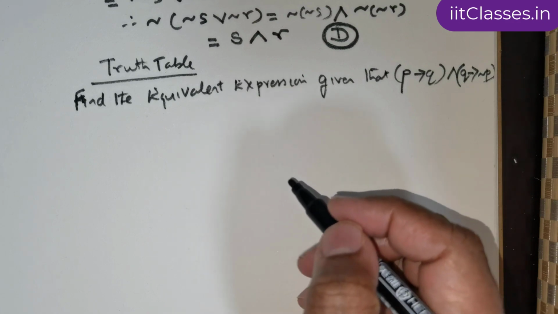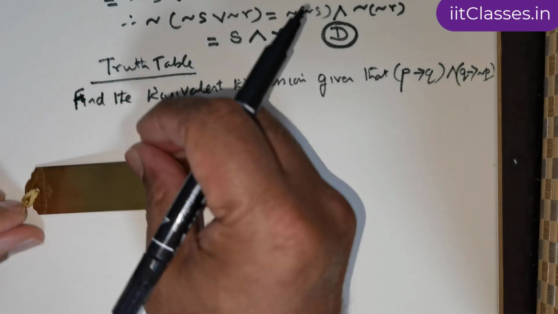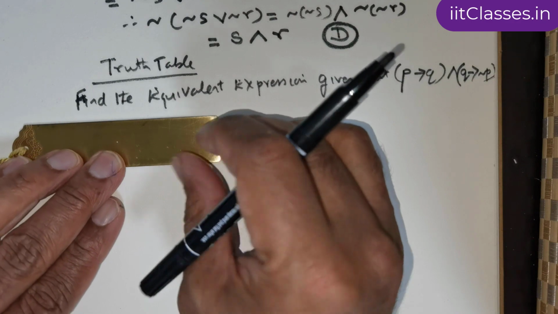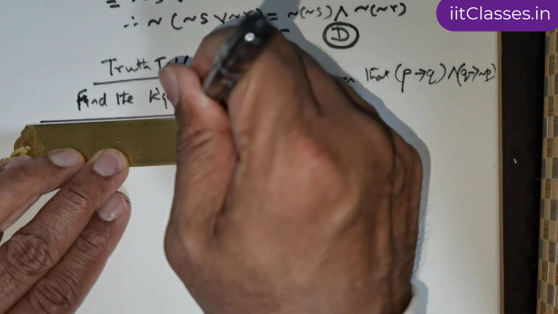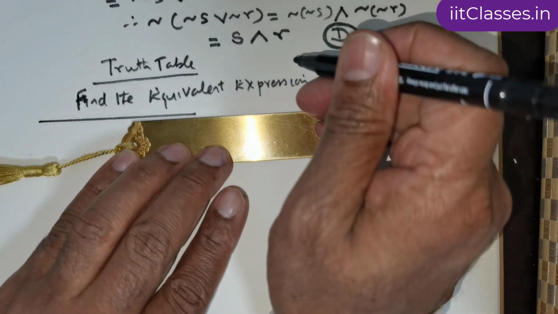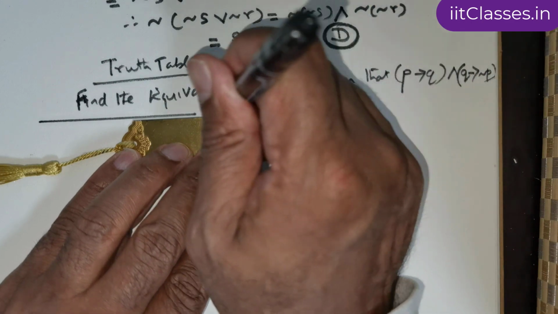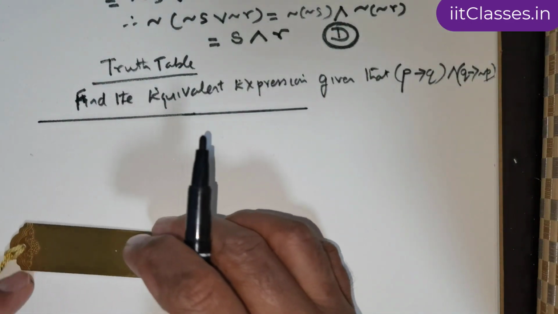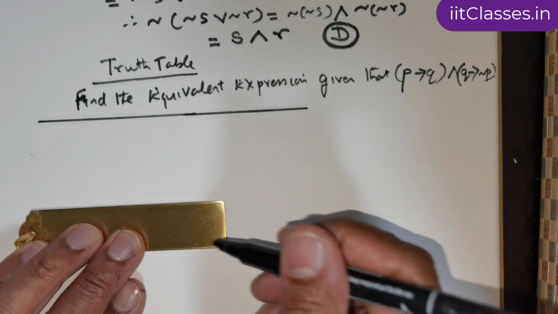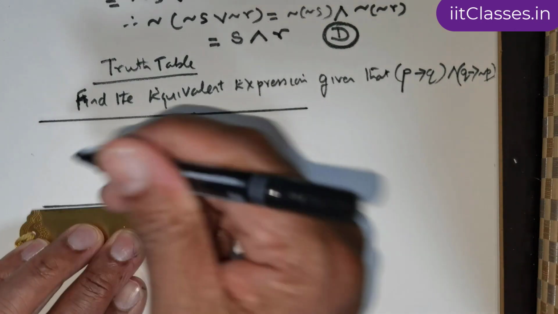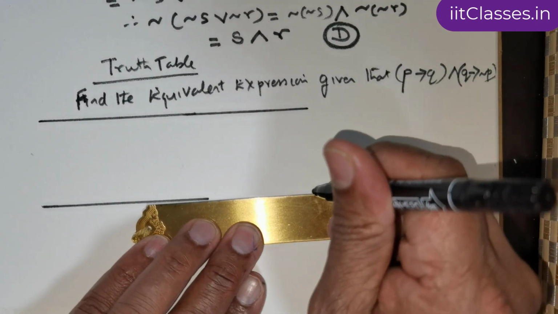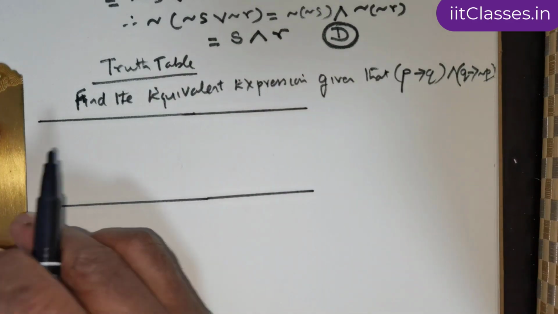So for that I would like to draw the truth table. I'm drawing it to render some neatness in the work, so that it will be pleasing to the eyes.